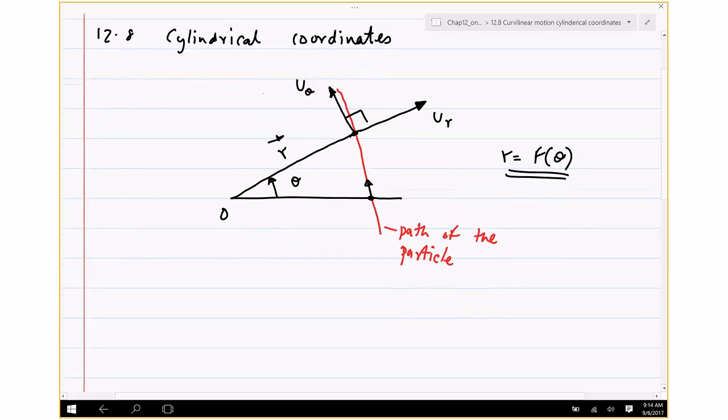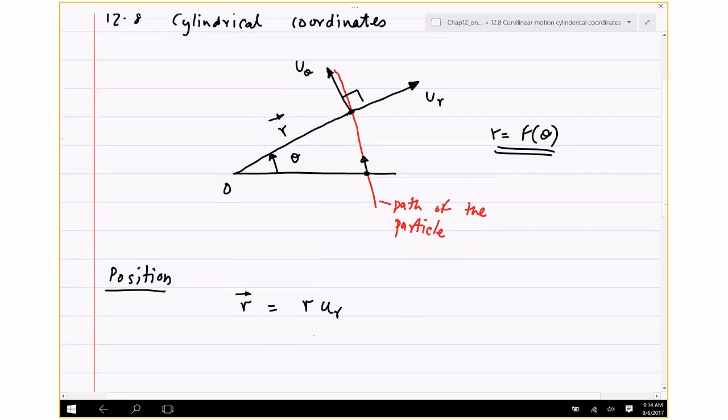Okay, so once we have this coordinate frame, the question is, how do we describe motion using this coordinate system? Position is simply r times u_r, the distance from the origin times the unit vector along r.